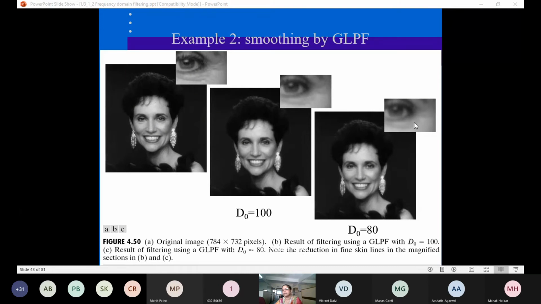Here there is more blurring, and those wrinkles are almost removed. So you can make this picture look younger by applying a Gaussian low pass filter. It gives a blurring effect and sharp details are removed.